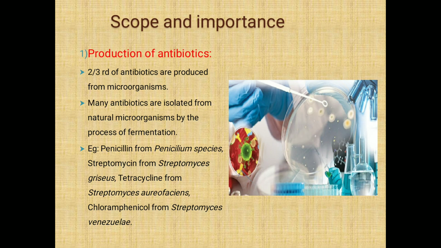Penicillium is the name of the microbial species and penicillin is the name of the antibiotic. Then streptomycin from Streptomyces griseus, tetracycline from Streptomyces aureofaciens, and chloramphenicol from Streptomyces venezuelae. So the antibiotics are produced by the use of these microorganisms, mainly bacteria as well as fungi.